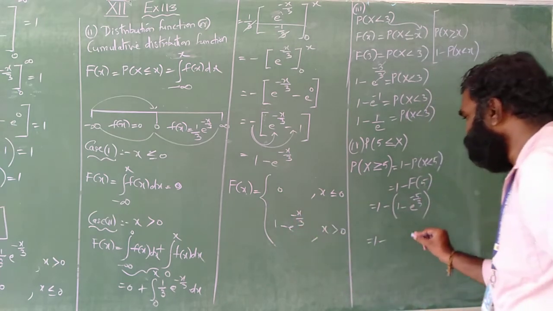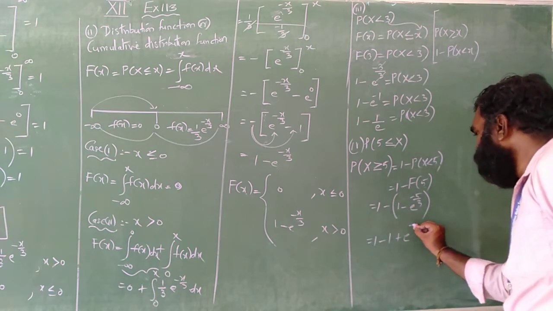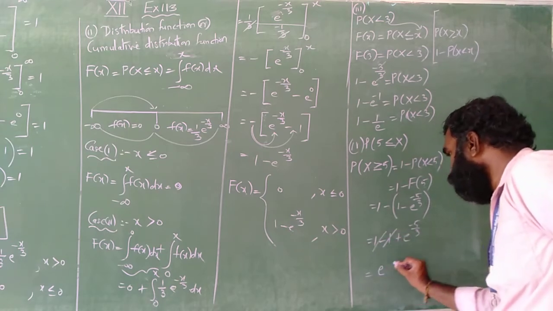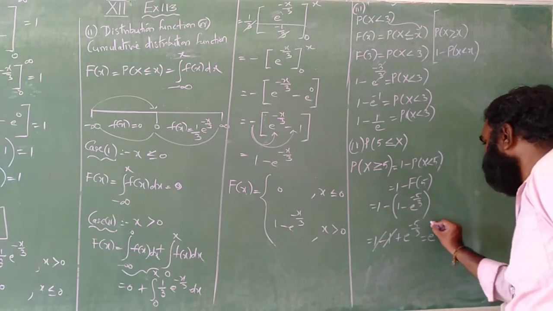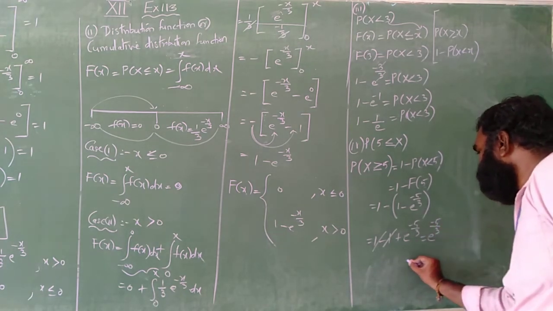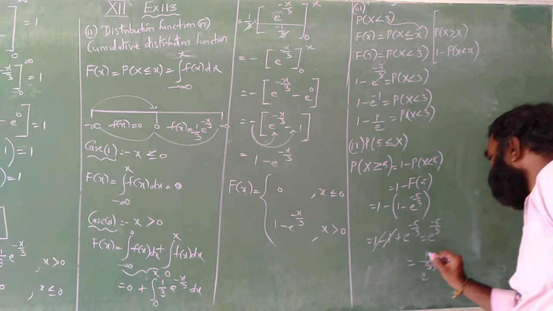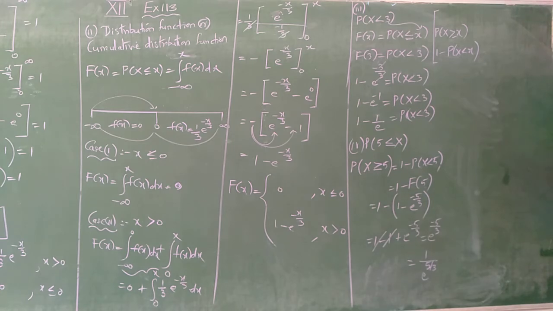So 1 minus, multiply inside by minus 1: minus into minus is plus, e power minus 5 by 3. Plus 1 minus 1 gets cancelled. So the answer is e power minus 5 by 3. This I can write as 1 by e power 5 by 3.